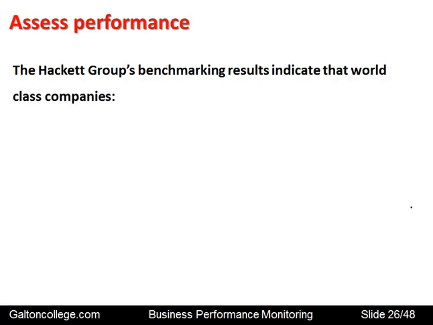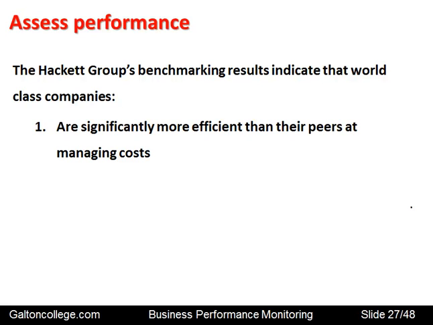Many different businesses have world-class reputations. So the benchmarking would say these companies are significantly more efficient than their peers at managing costs. So managing costs seems to be an issue that jumps off the page.